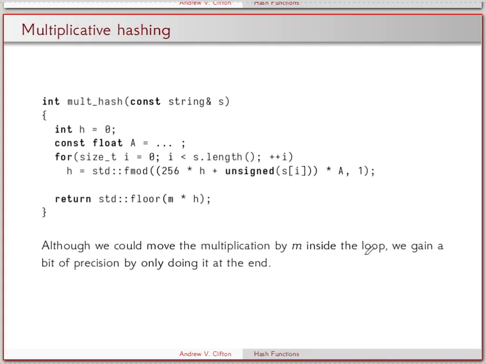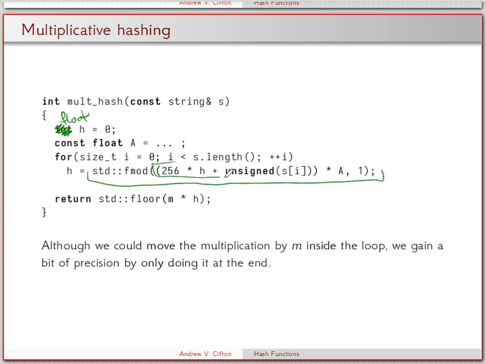So the final version of this is this. Whoops, I screwed up here. This needs to be a float. My hash values are floats throughout the loop, and they only turn into ints once at the very end when we return them. My bad. So this is the same loop as before, but in here we've incorporated all of this stuff.